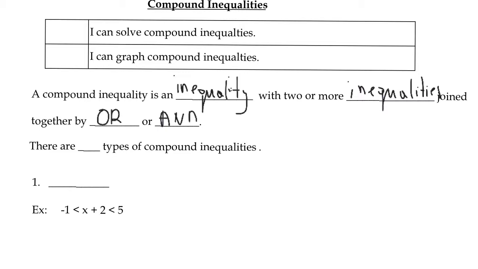Okay, and we'll talk about the difference soon. So we have two types of inequalities, okay, or and. So there are two types of compound inequalities.